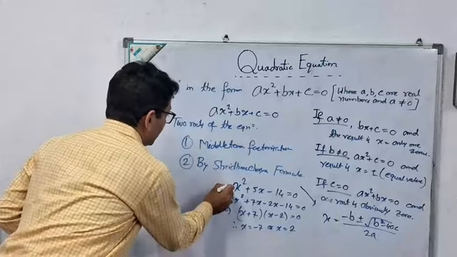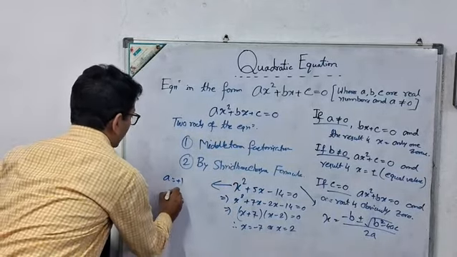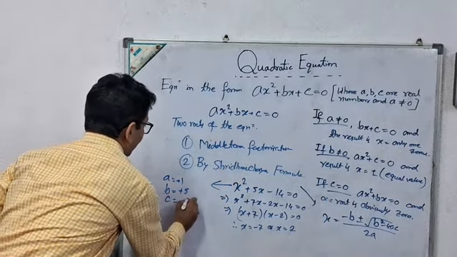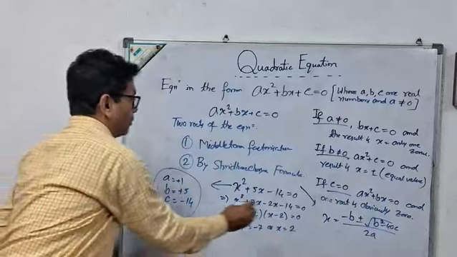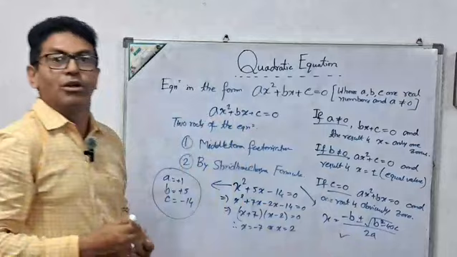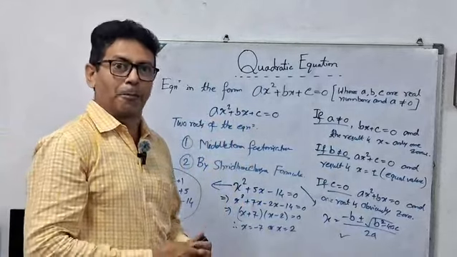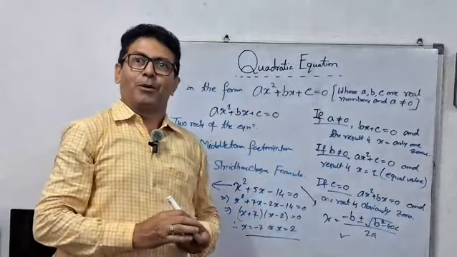From this equation, I have to find a is equal to plus 1, b is equal to plus 5 and c is equal to minus 14. That value of a, b and c we have to put here and we will get the roots of the quadratic equation, and definitely we will find the same answer by applying the Sridharacharya formula.